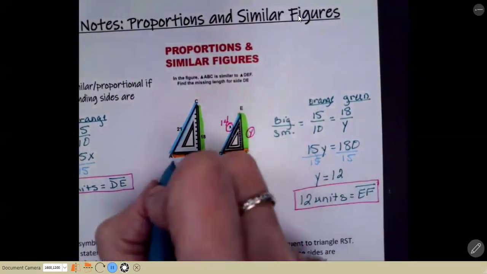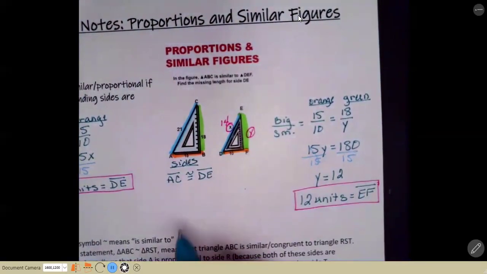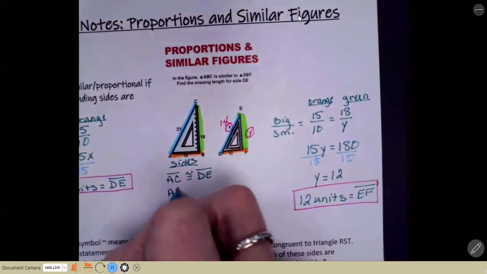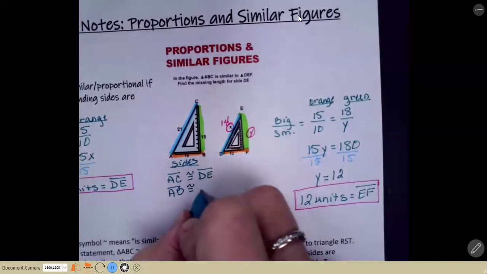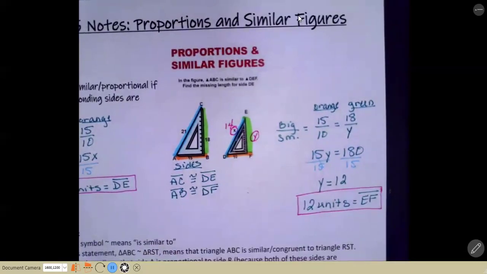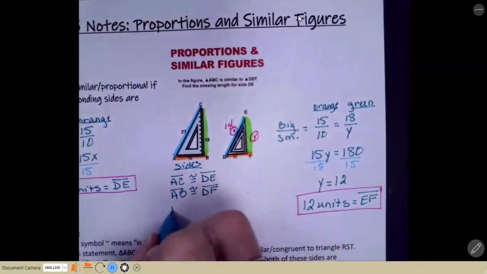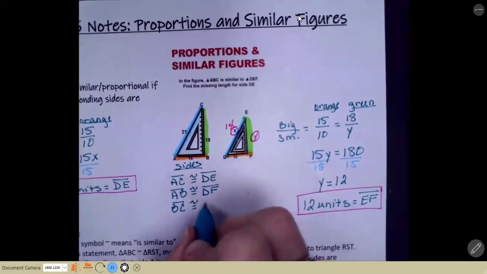So these are sides. I would write this down. And then AB is equivalent to DF. You guys see what I'm doing here? And then BC is equivalent to what? EF.